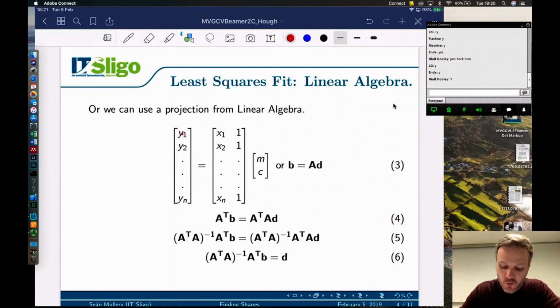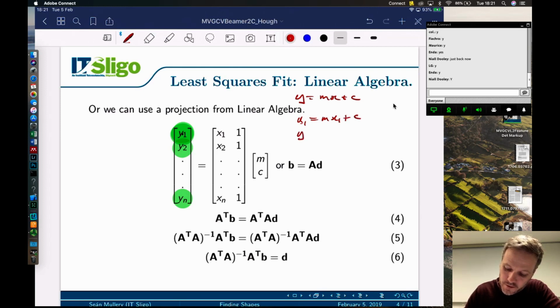And what we do with this is we take each of our y values here, and we take each of our functions. Now the function is just y equals mx plus c, but of course we've got y1 equals mx1 plus c, y2 equals mx2 plus c, and so on.